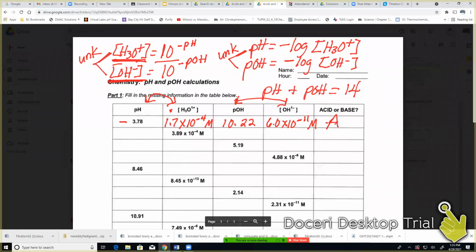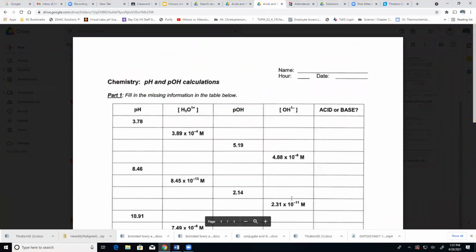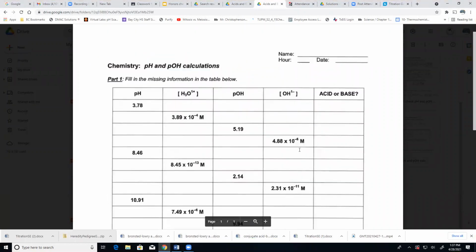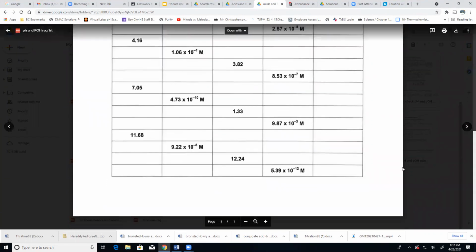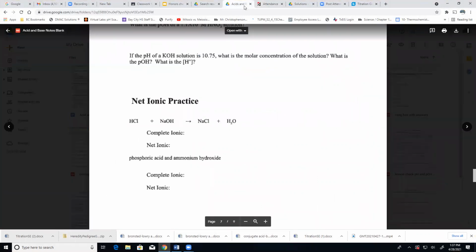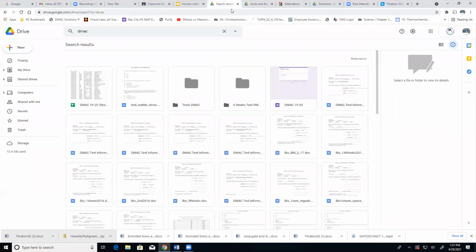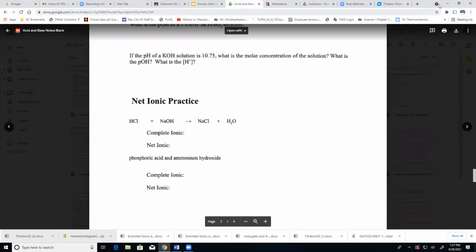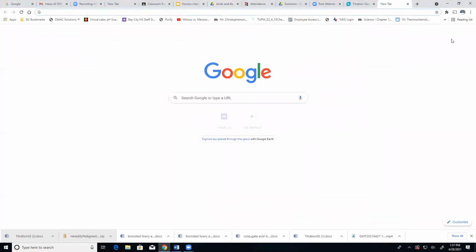So the first sheet on here is mainly just getting you to get comfortable with the formulas and moving through them. I wanted to show you one on the very last page. Evidently, I didn't pull up the right one. Let me do that. On the very last page, where it just gives you a little bit of information, and then you're finding pH and pOH, I think.